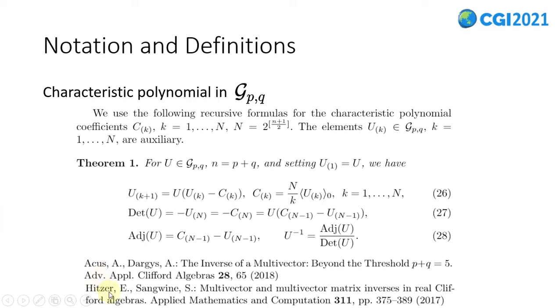In particular, by Professor Arthur Arcus and Professor Adolf Dages in their paper The Inverse of a Multivector Beyond the Threshold P plus Q equals 5, and by Professor Eckhard Hitzer and Professor Stefan Sangwine in their paper Multivector and Multivector Matrix Inverses in Real Clifford Algebras.